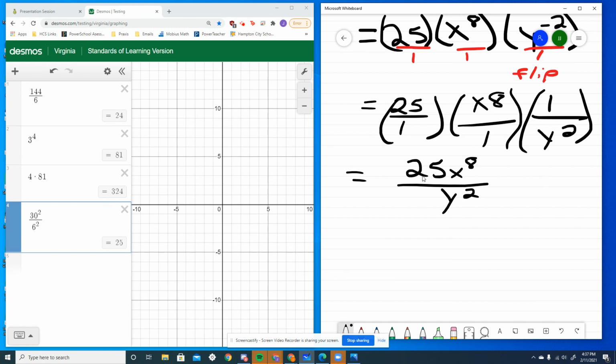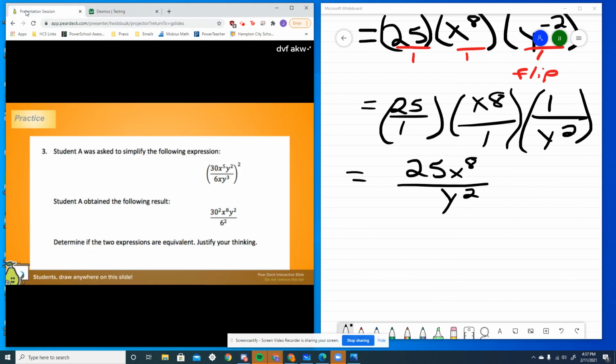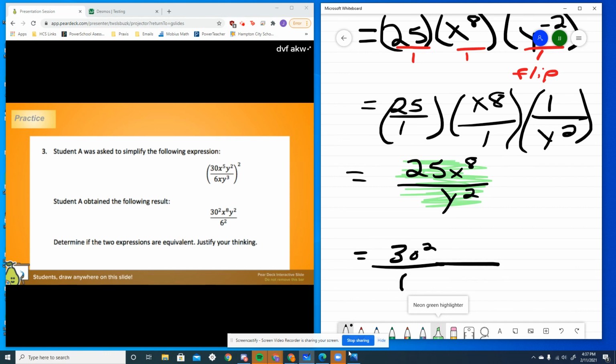When you compare it, you see that these don't look similar. Even if you wanted to keep it as 30 squared over 6 squared, that x would still be at the top, and that y squared would still be at the bottom.